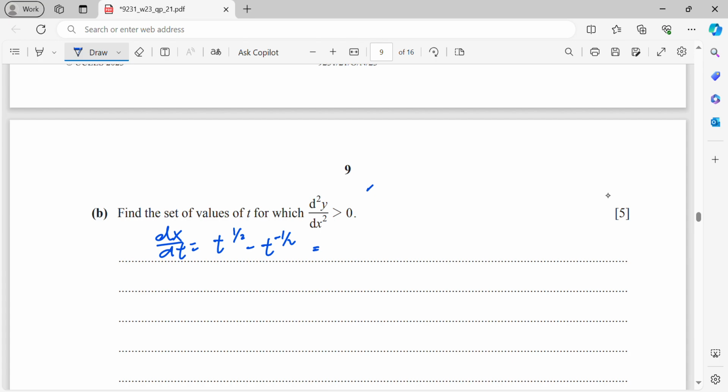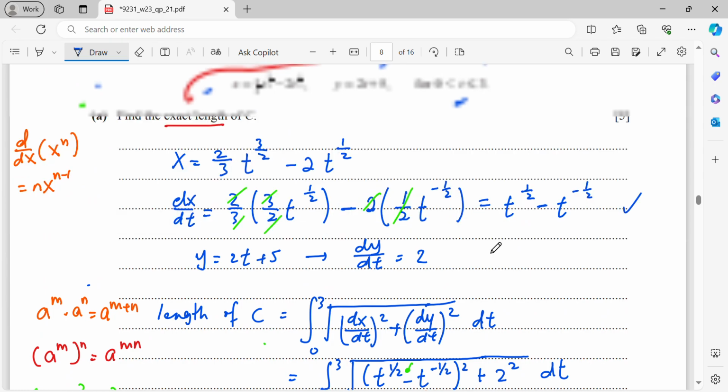This is basically square root t minus 1 over square root t. So then probably I will make it to the same denominator. It means that the first term you need to times square root t over square root t. So square root t times square root t is basically t. This is my dx dt. And then my dy dt from previous calculation, that is 2.